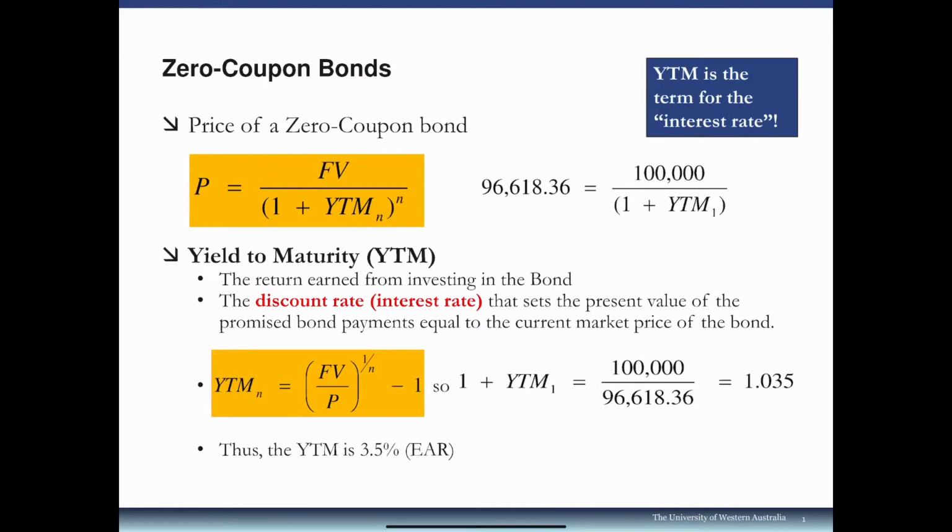If you can see the red writing over here, this is the discount rate, the interest rate that sets the present value of the promised bond payments equal to the current market price of the bond. And you would say, why wouldn't people just say yield to maturity straight away?